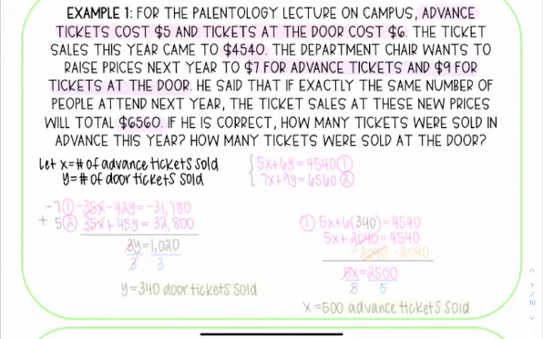So let's go ahead and come through this word problem and figure out how to set up our equations. The first thing that says, for the paleontology lecture on campus, advance tickets cost $5 and tickets at the door cost $6.